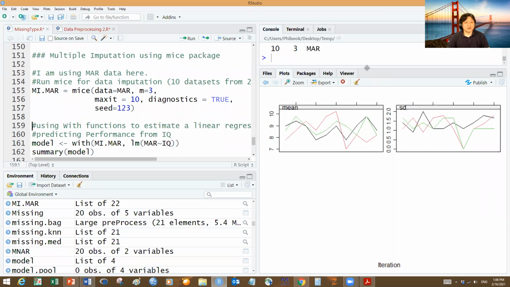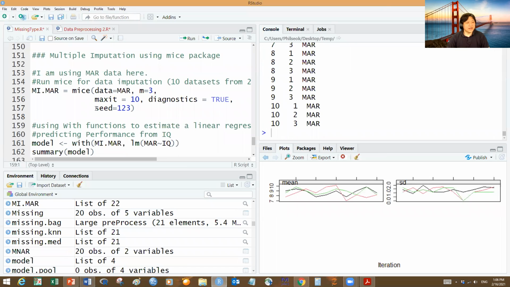Okay. By adding a seed number, your values and my values will match. If you don't put seed numbers, your numbers and my numbers will be different. So for grading purposes, please add the seed number in mice. Okay, seed equals 1, 2, 3.